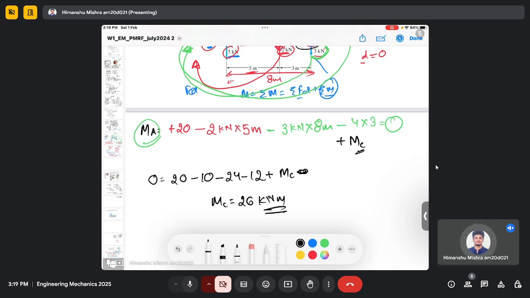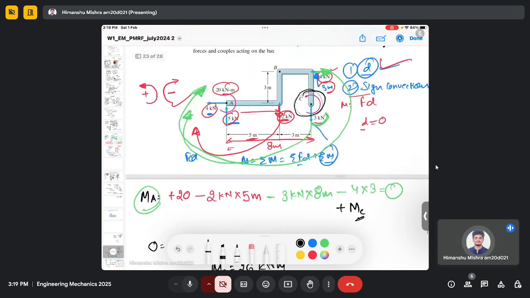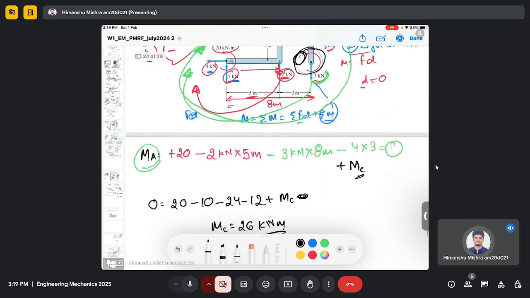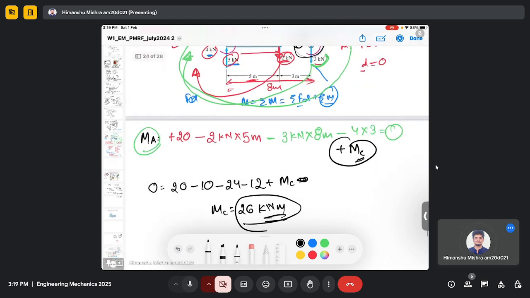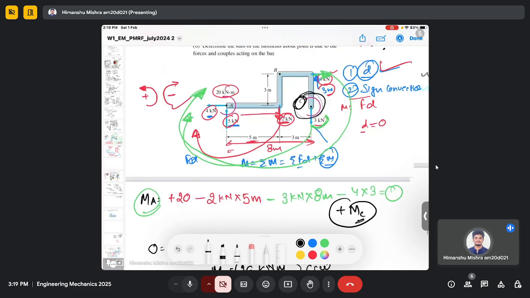So we will get this positive 26 kilonewton meter, which means that the magnitude of this movement is 26 and the direction is, as we mentioned here, counterclockwise. So this is the movement at point C.